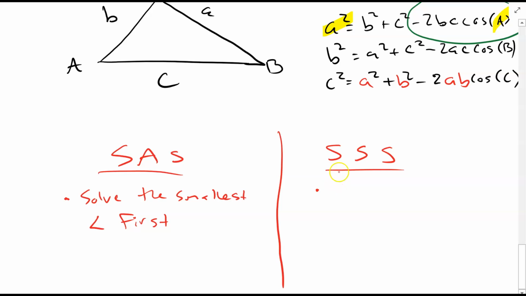In the side side side situation, the first thing we want to do is make sure the triangle is possible. And then we want to solve the largest angle first.